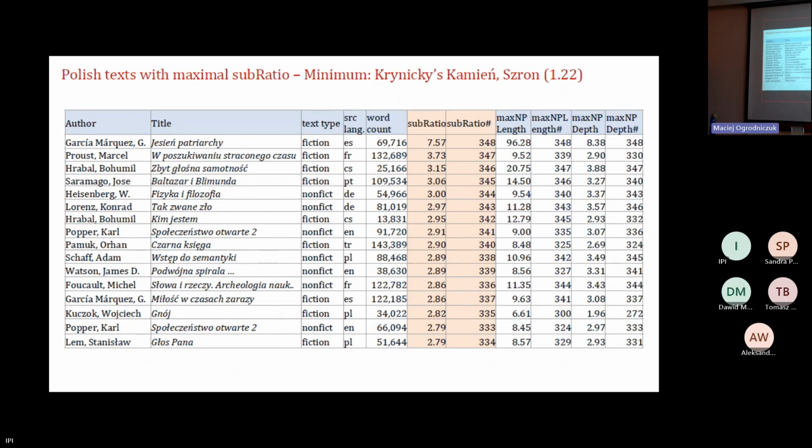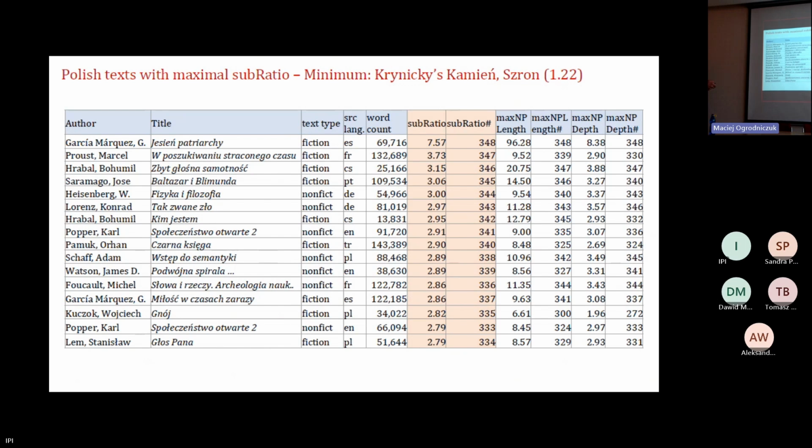So another measure, the subordination ratio. The maximum for subordination ratio is rather predictably, if I may say so from my experience, The Autumn of the Patriarch by Gabriel Garcia Marquez.